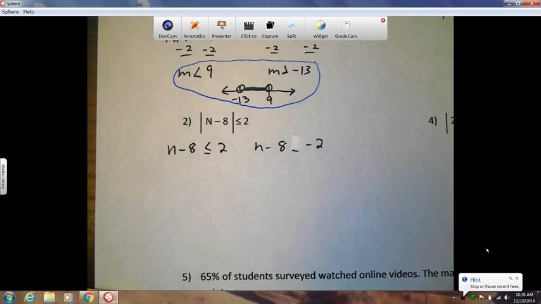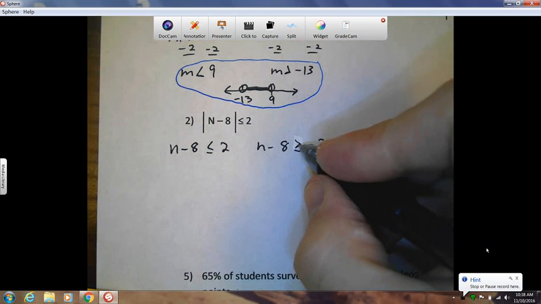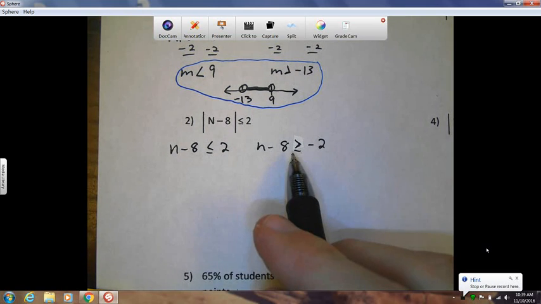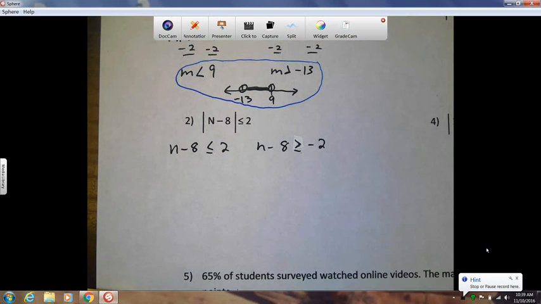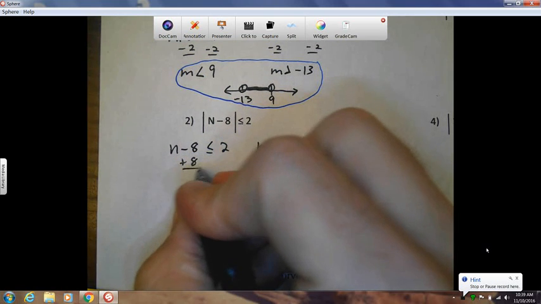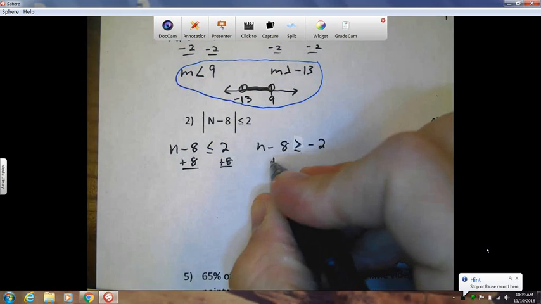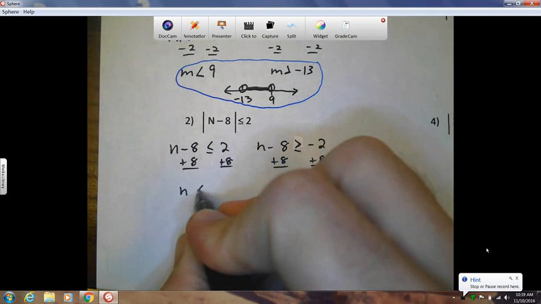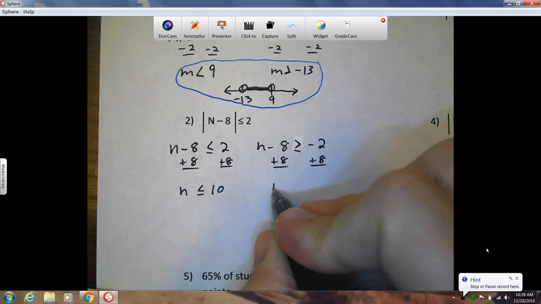Reverse the inequality on the second one. So right here I had to reverse it when I changed that to a negative. Solve them both the same way. So it looks like that.